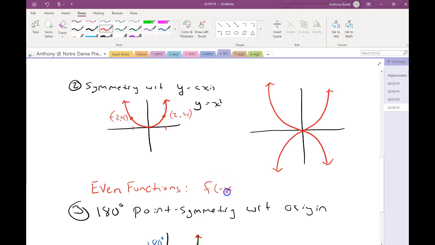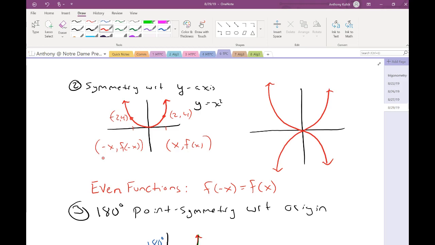The way we write that is that we say f of negative x should equal f of x. Because remember, when we write them, f of x is just another name for y. So these are just like x comma f of x's. Right? Are those 2 points there? Everybody okay with that idea?